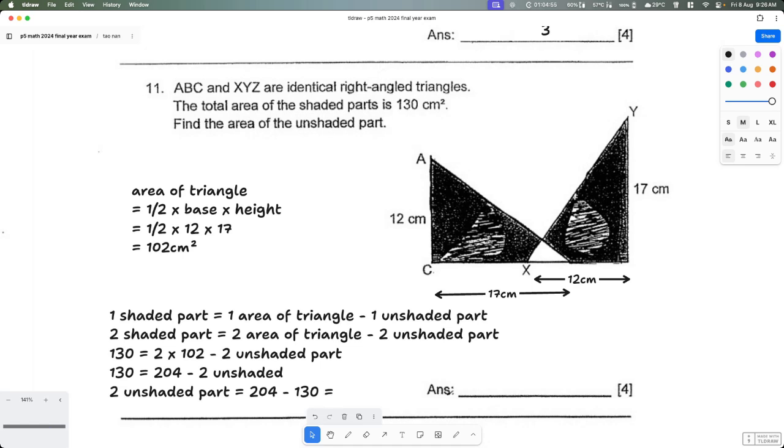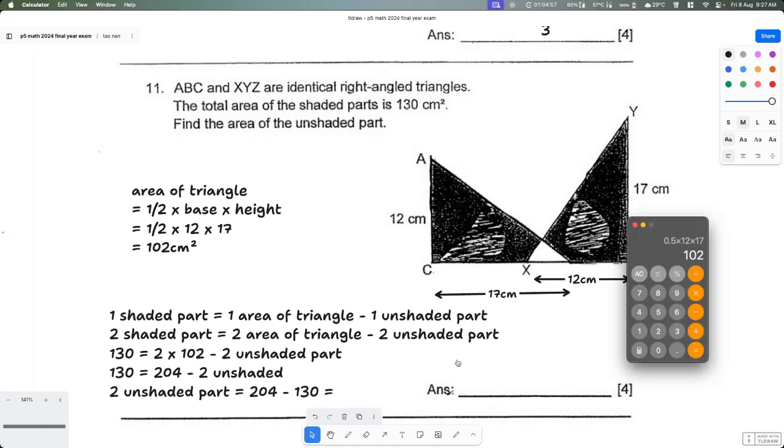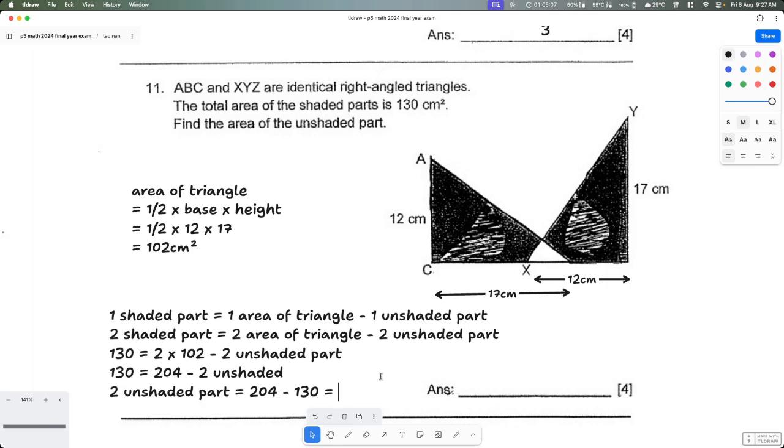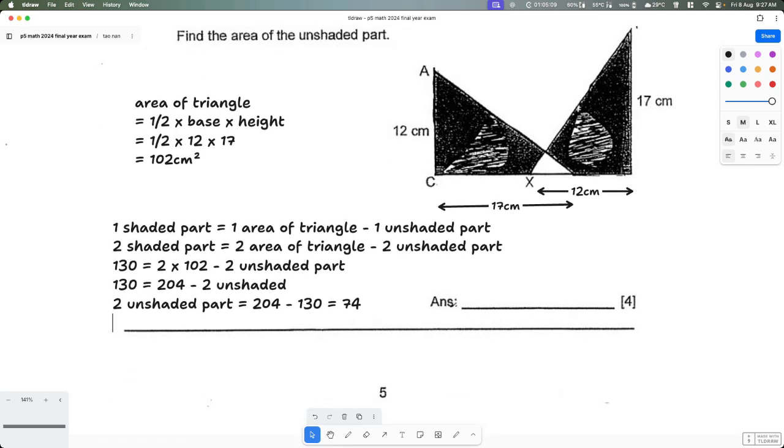Which is, in this case, let's use our calculator. 0.533 multiplied by 2 minus 130, this will be 74. And lastly, one unshaded part is equal to 74 divided by 2, this will give you 37 centimeter square.